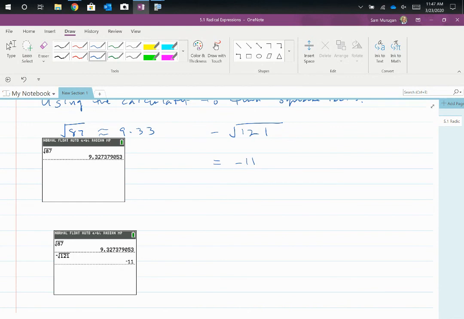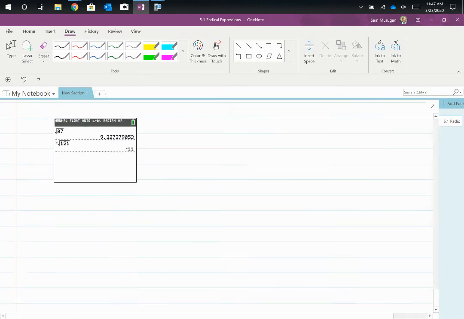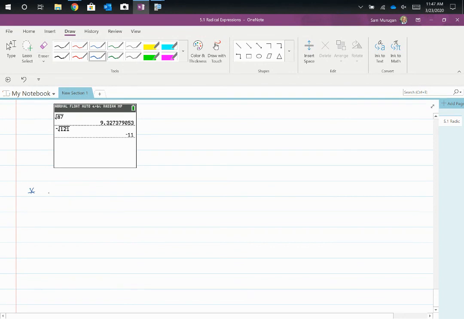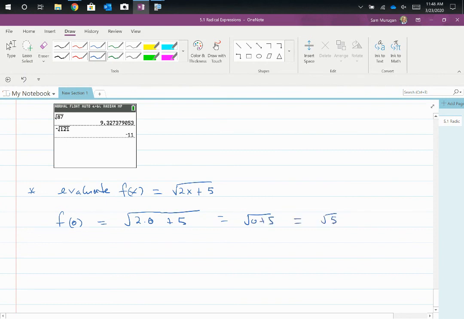All right, just a couple more problems. If you're asked to evaluate f of x is equal to the square root of 2x plus 5. The first one we're asked to evaluate is 0, so you would simply substitute 0. 2 times 0 plus 5, which is 0 plus 5, which is the square root of 5.